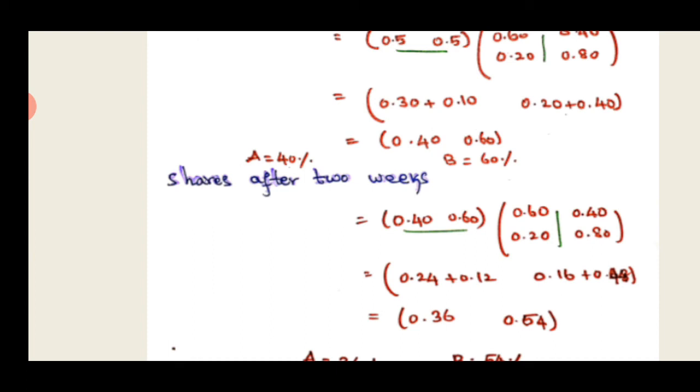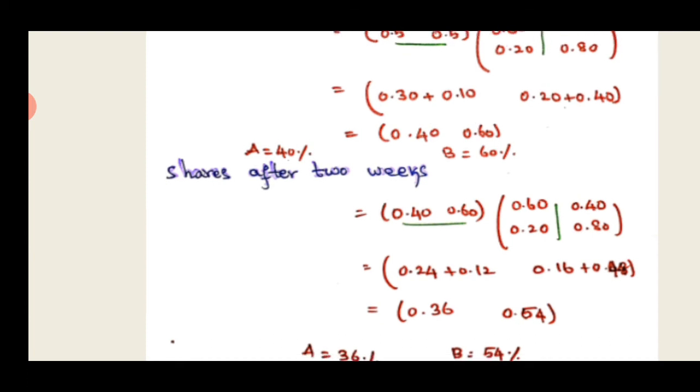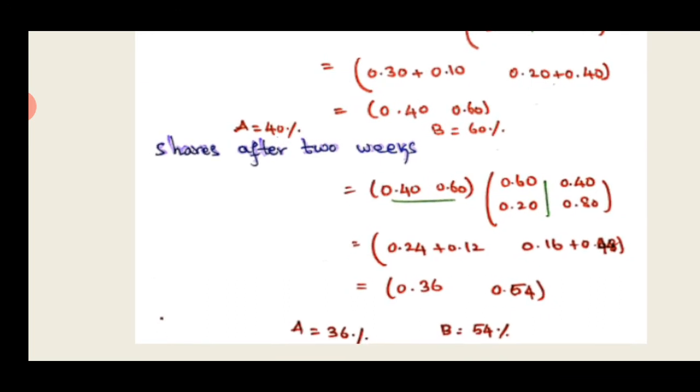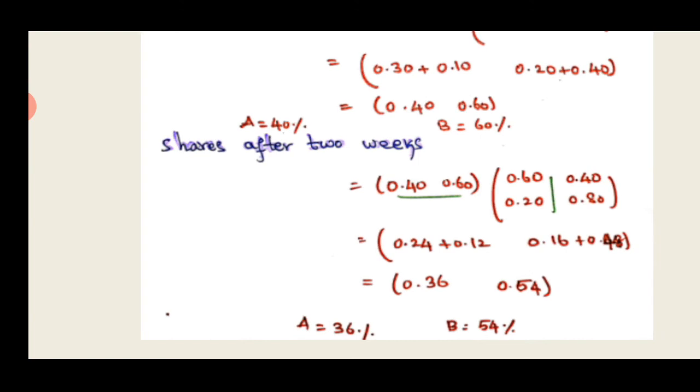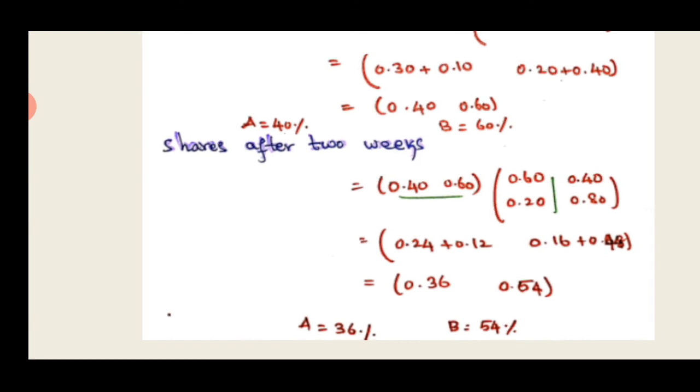Okay, now take this row 0.40 and 0.60 and multiply with the first column of the T matrix. So 0.4 into 0.6 is 0.24 plus 0.60 into 0.20 is 0.12. Then take the same row and multiply with the second column: 0.40 into 0.40 is 0.16 plus 0.60 into 0.80 is 0.48.